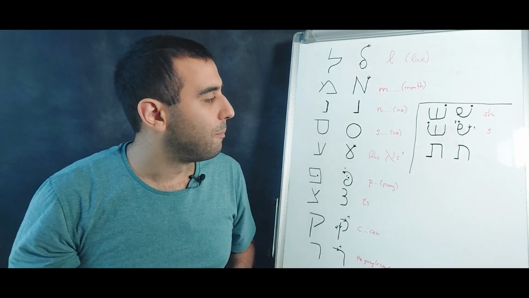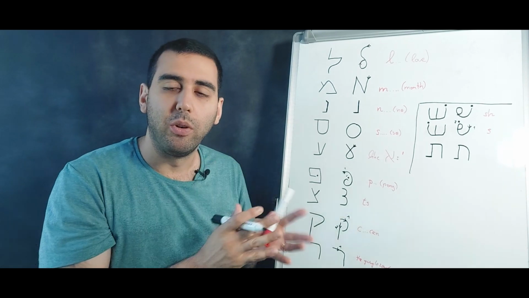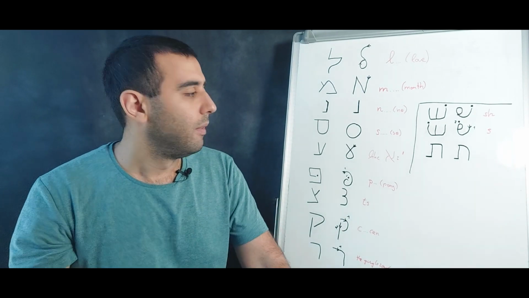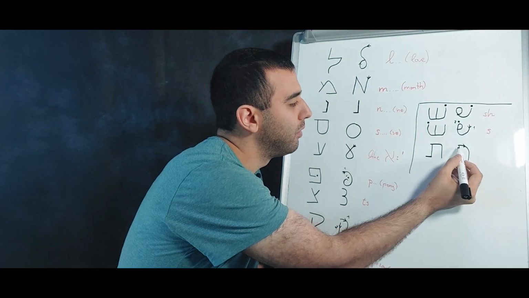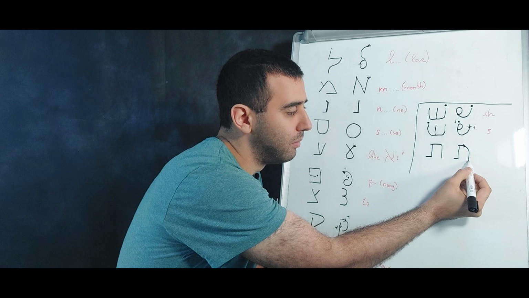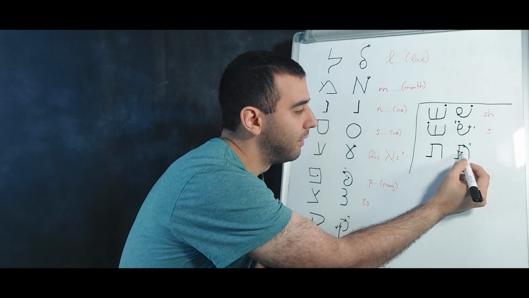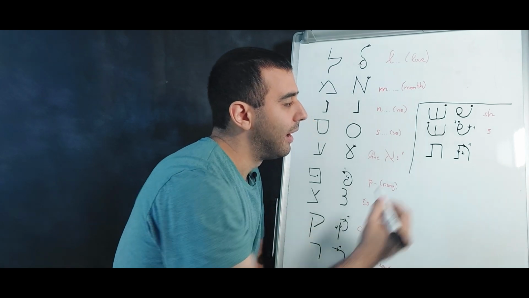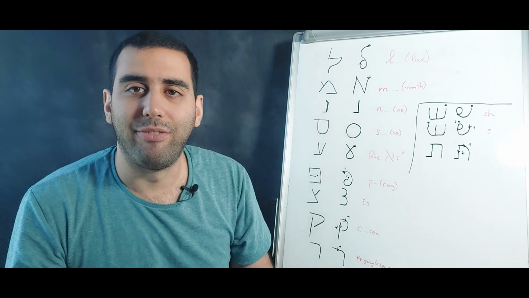That's a huge difference many times between the written and printed form. You start with this curve from the top left corner to the bottom, the first thing you write, and then a line down and a line left. This one is called Tav.